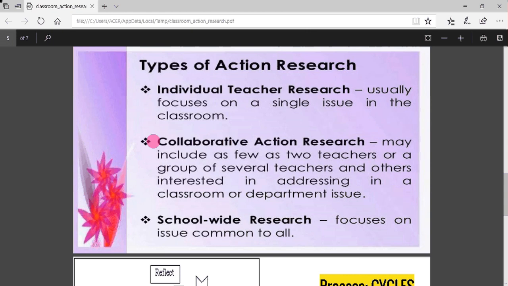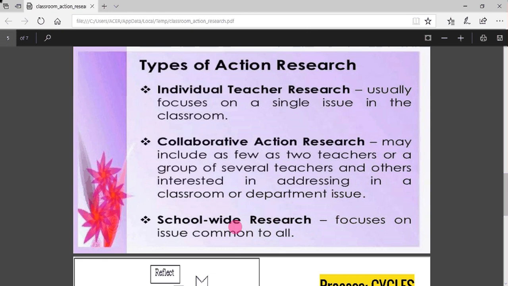Using collaborative action research, you work together with your colleagues in your school. And the last is a much wider research, school-wide research, meaning that the English teachers in one school work together to improve their teaching skills and also improve the students' language skills.